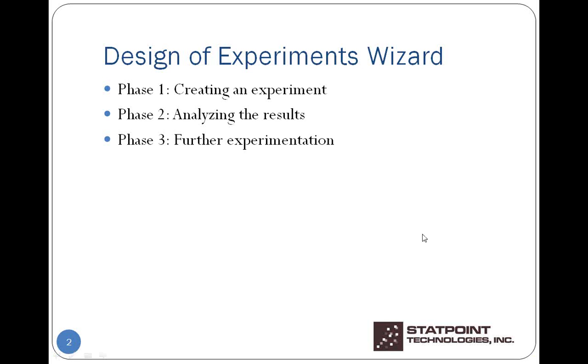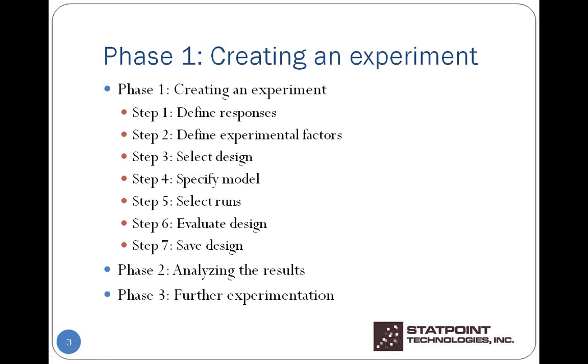Okay. Now, as far as phase one, in version 16 of Statgraphics, we've defined 7 steps to creating an experiment. And as you'll see, the Design of Experiment Wizard will quickly take you through these 7 steps. They basically have you define the response variables you're going to measure, the experimental factors you're going to be changing.